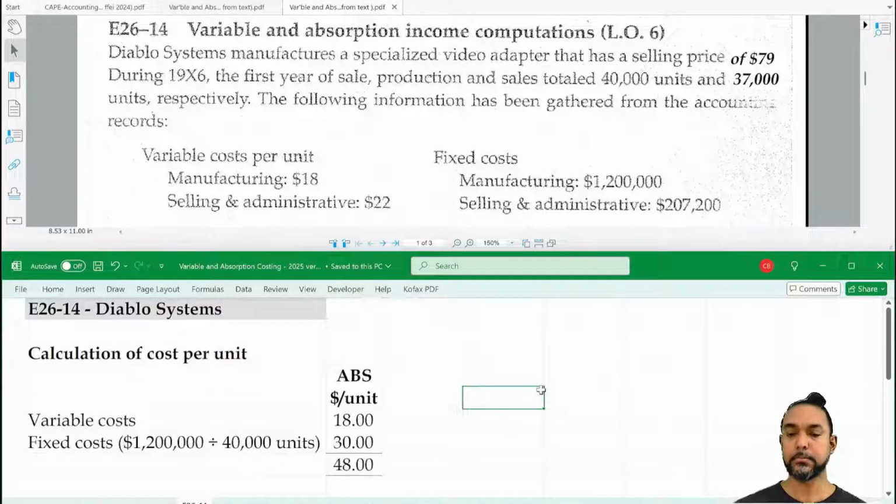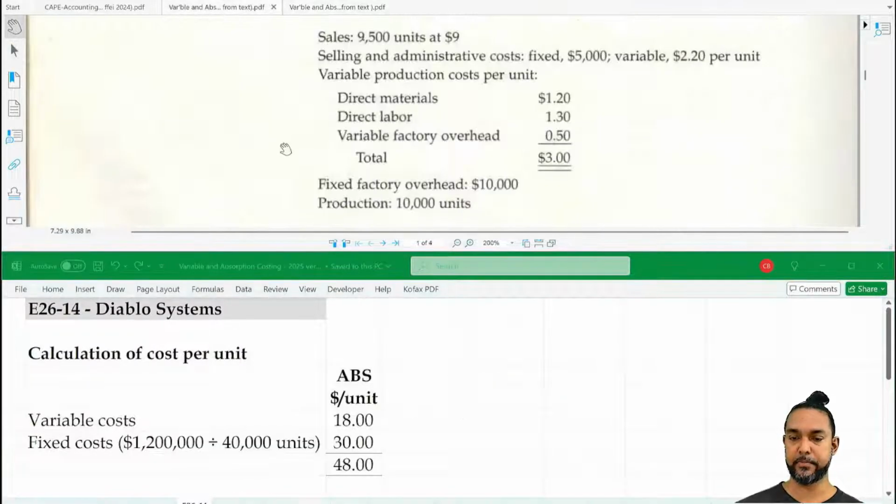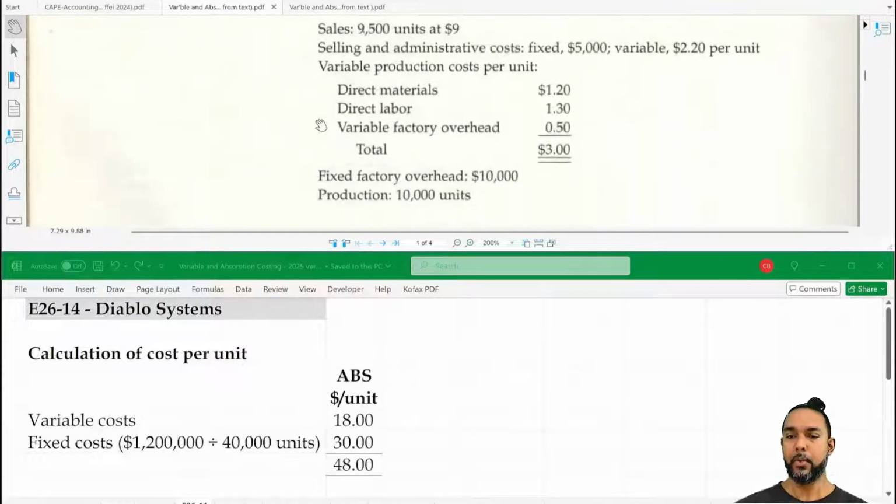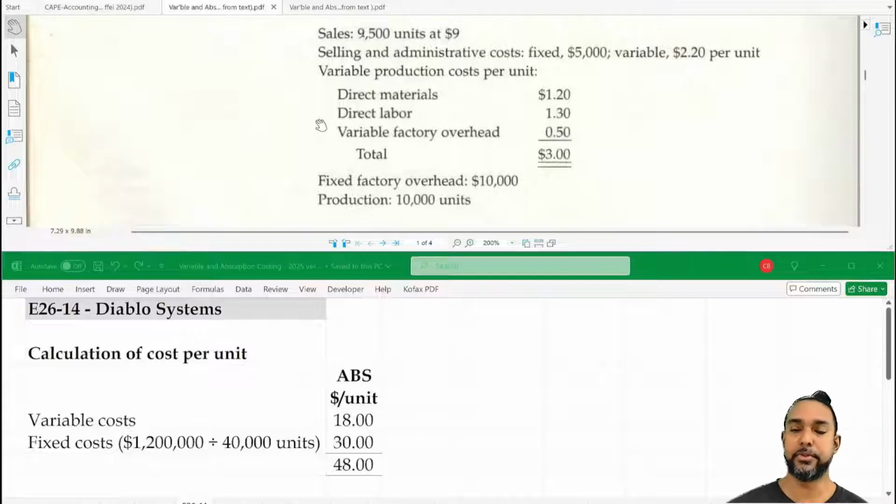Right. Okay. So we're going to go back to Harris. What we want to be able to do is an income statement under absorption costing and under variable costing, under usual circumstances, where we have either opening stock, closing stock, or both of finished goods.